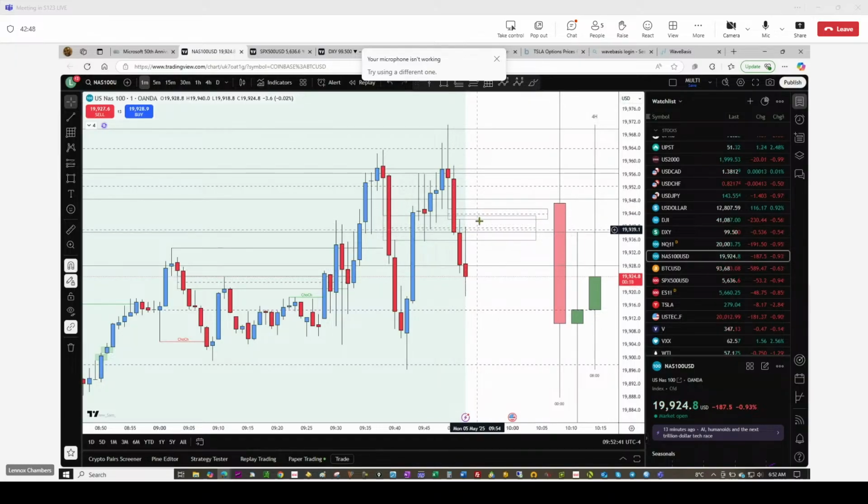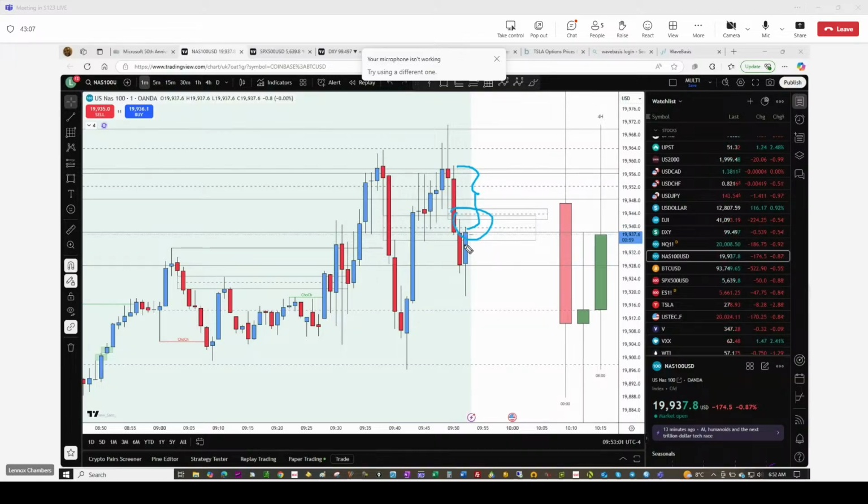That might have been it. But again, I'm not liking the entry at this point because my stop is going to be prohibitive again. So I'm thinking I'm going to try to get my second lot and get the heck out. Wait for after the news.